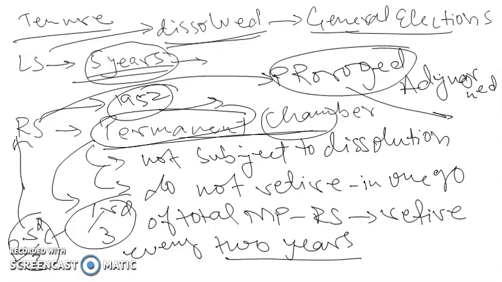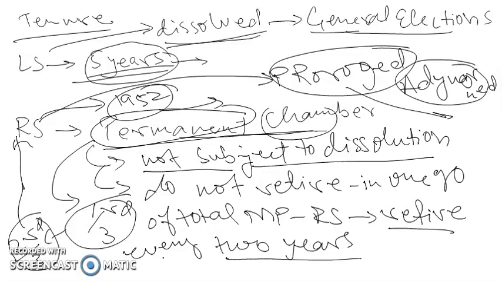The sittings of Rajya Sabha can be adjourned, but Rajya Sabha, being a permanent chamber, can never be dissolved, because a majority of members are always there. Only one third of the members retire every 2 years.